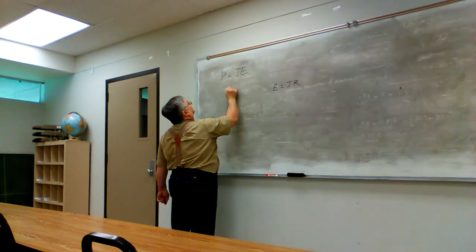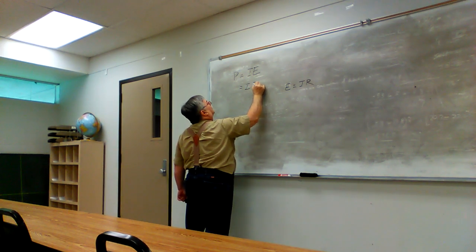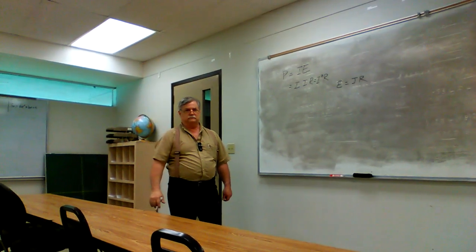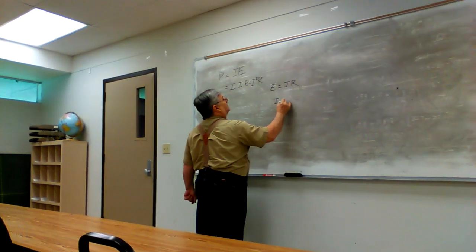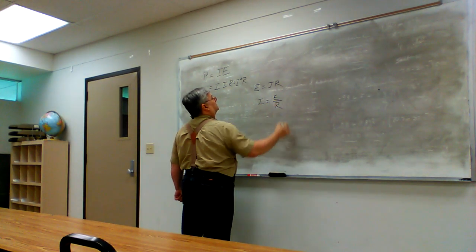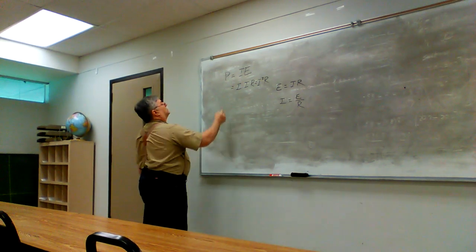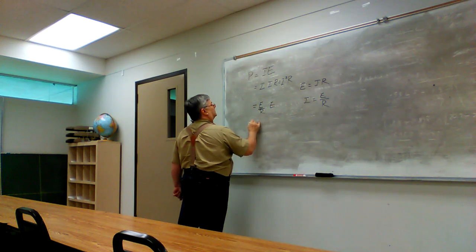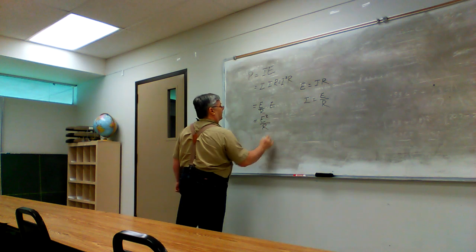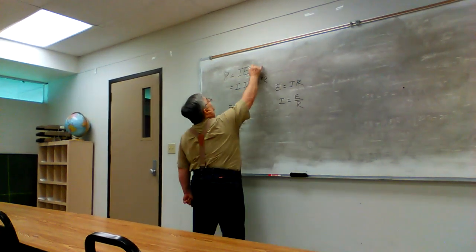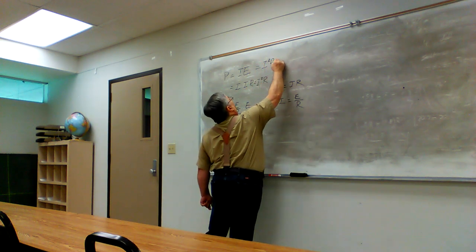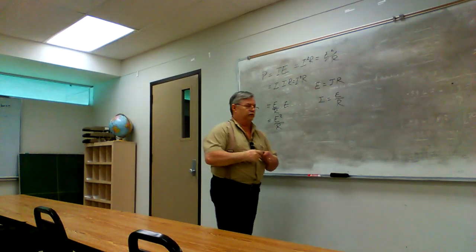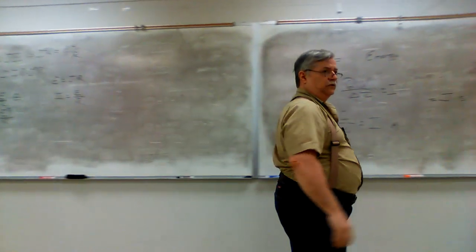So you could write that as I squared R. Or I is equal to E over R, so you could write this as E over R times E, or E squared over R. All three the same basic equation, just changed up.